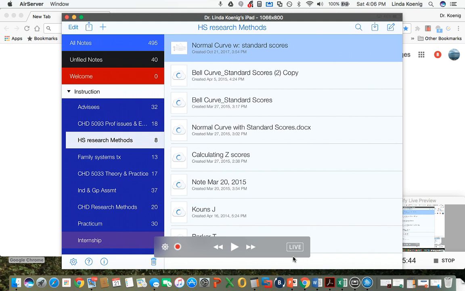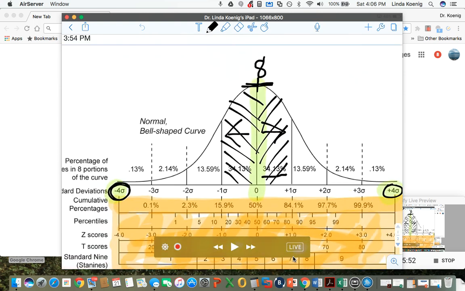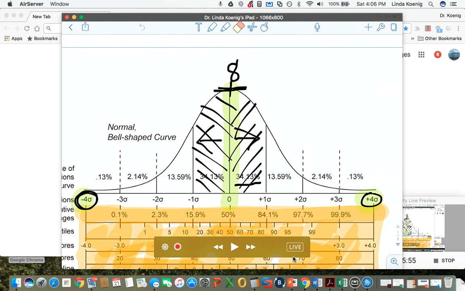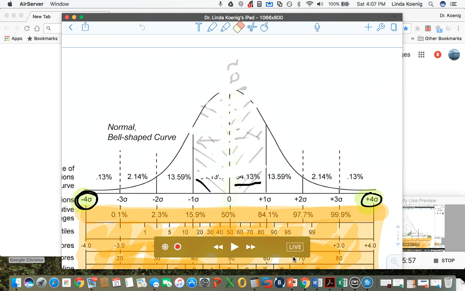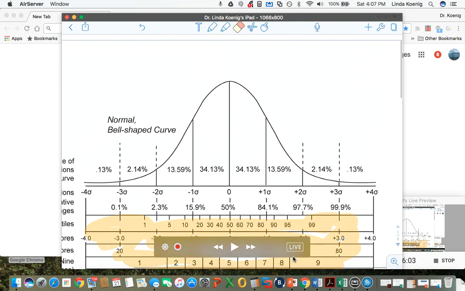We were here. Okay. All right, what was I going to erase? I think I was going to erase some of this stuff. Get that off of our screen. All right, so that looks a little better.